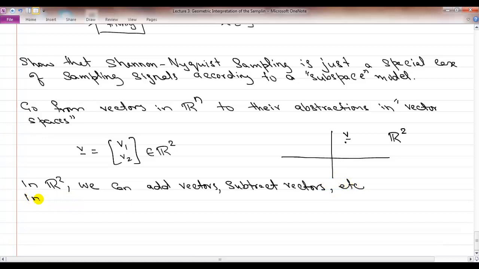In R2, we have something called an origin, which we denote by 0 equal to (0, 0). And the same notions exist in R3, R4, R5, R6, R100.